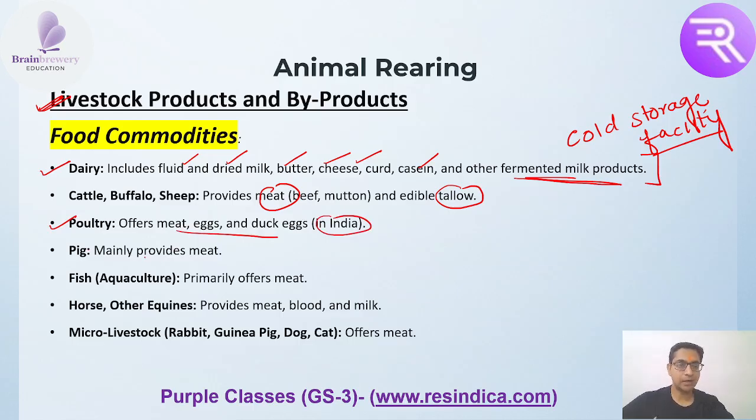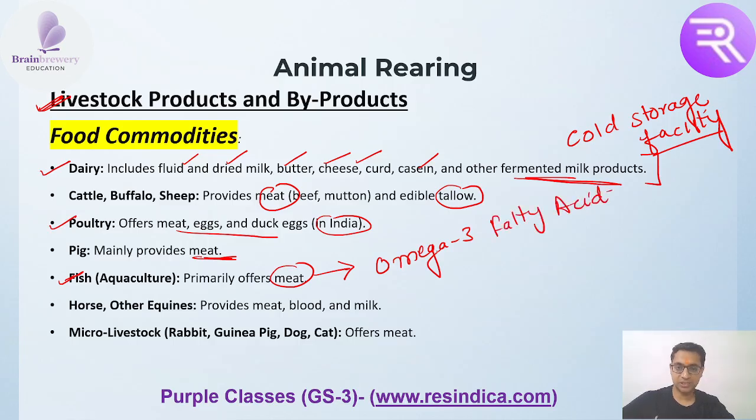Pigs are normally used for providing meat. Fish is for offering meat, and it is a very good source of omega-3 fatty acid. It is known that if you eat fish, your brain will also get proper nutrition.